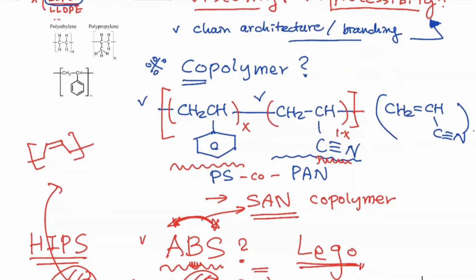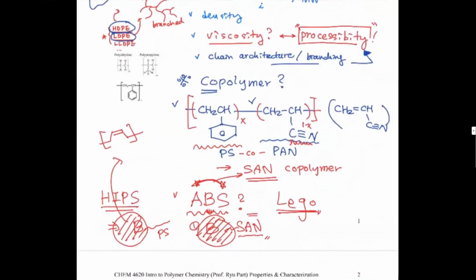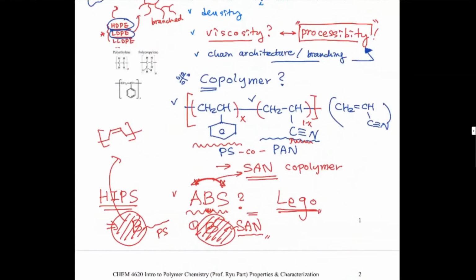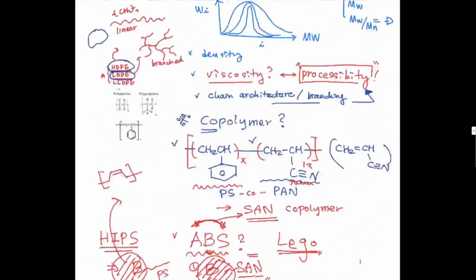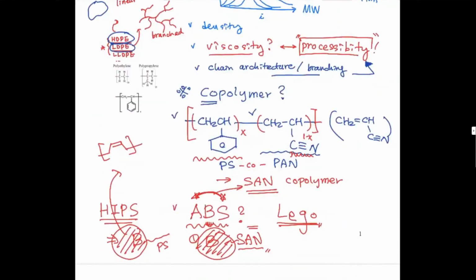Anyway, why am I talking about the copolymer? This is one of the things I want to say: you have an A, you have a B. You want to combine those properties together.